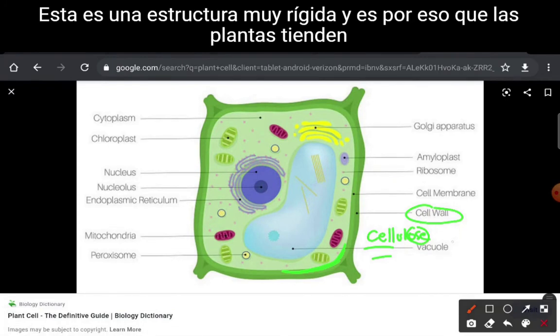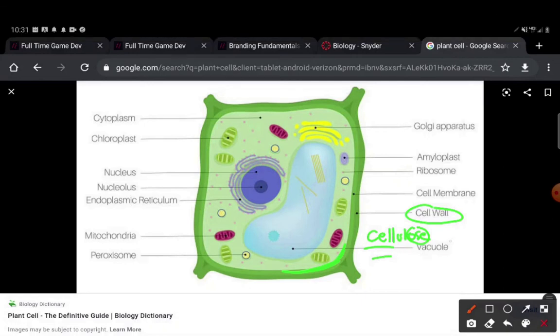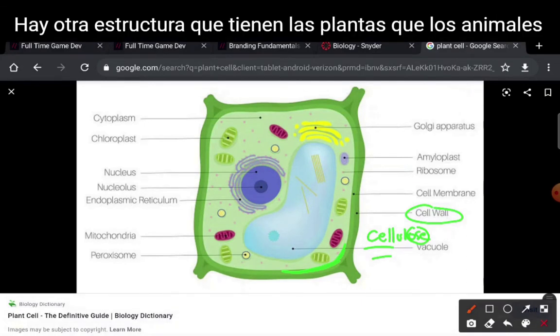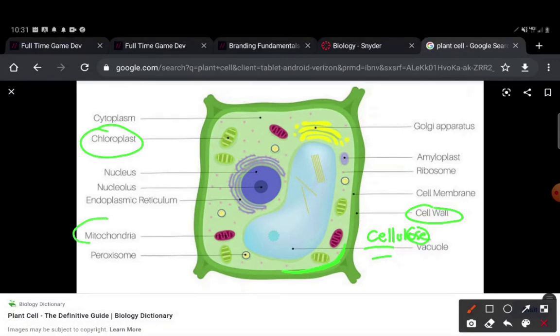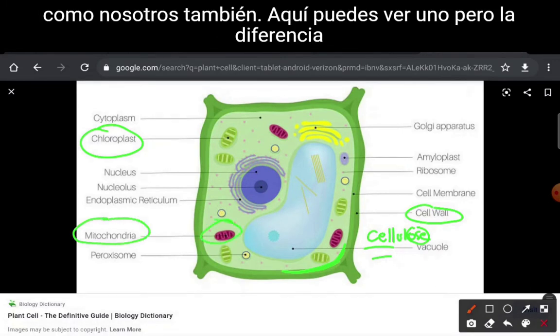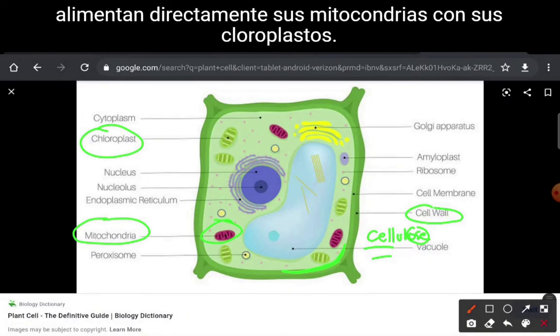This is a very rigid structure, and it is why plants tend to be a little bit less flexible than, say, animals. There is another structure that plants have that animals don't. They have chloroplast. They have mitochondria like we do too. Here you can see one. But the difference between a plant and an animal is that plants are able to directly feed their mitochondria with their chloroplasts.